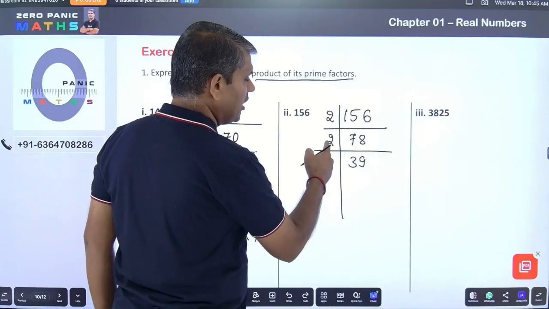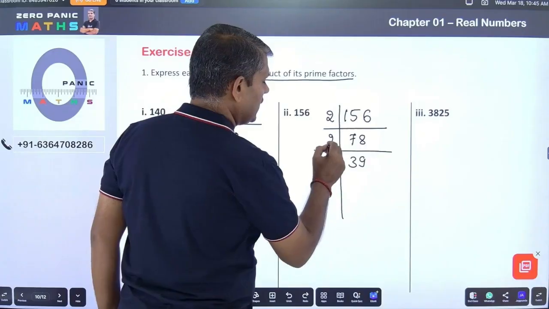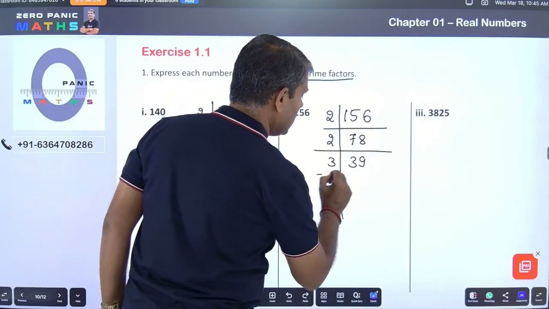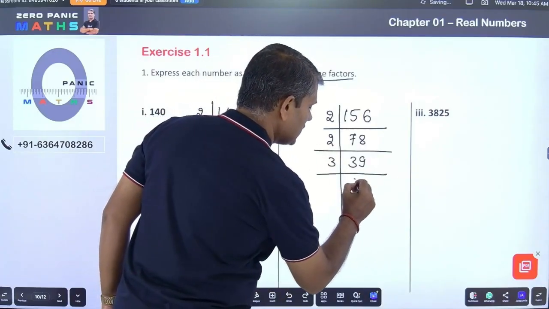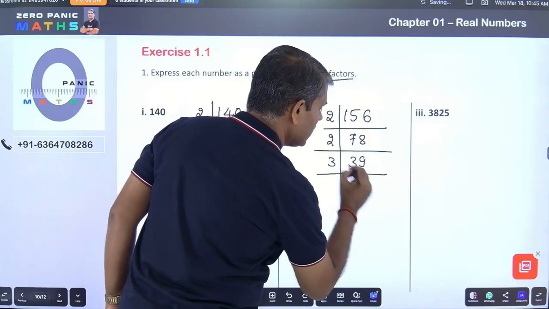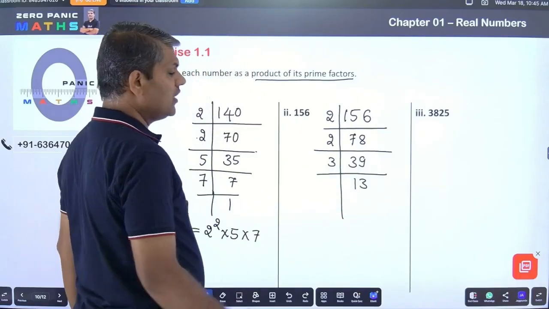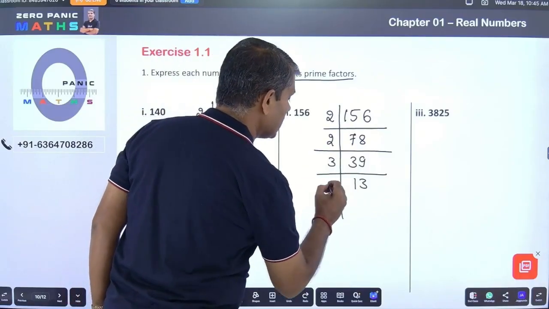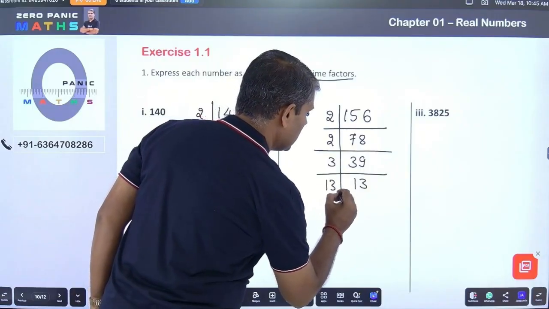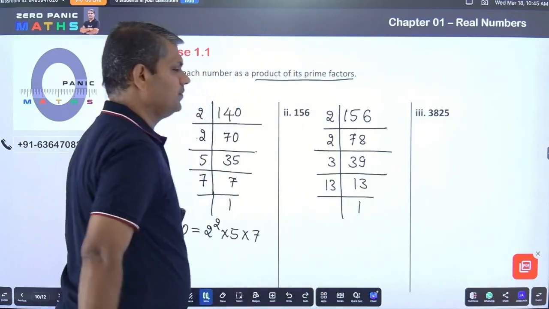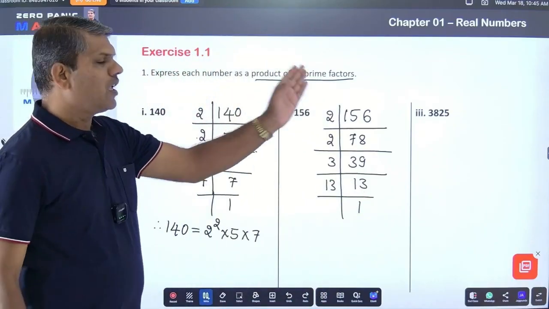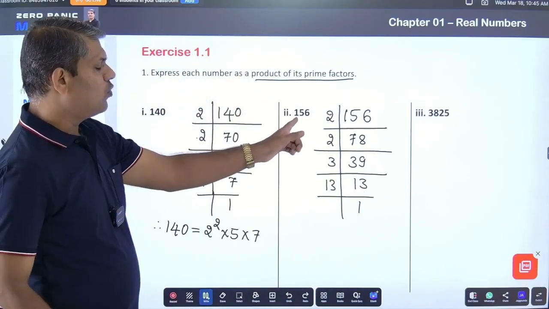Can 39 be divided by 2? No. Can 39 be divided by 3? Yes. 3 ones are 3 and 3 thirteens are 39. Since 13 itself is a prime number, it cannot have any other factor. So this is the prime factorization of 156.